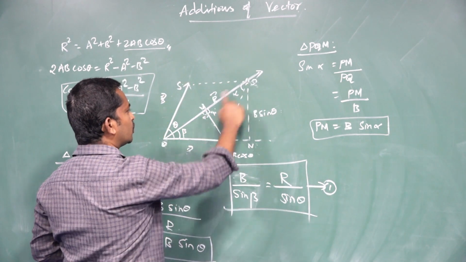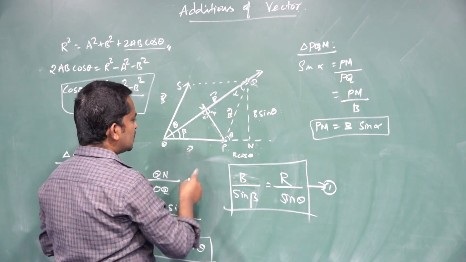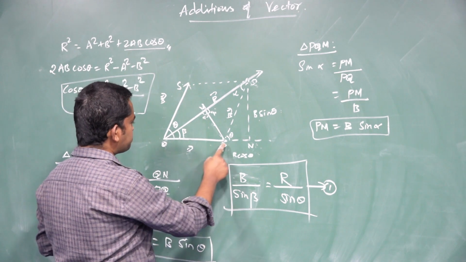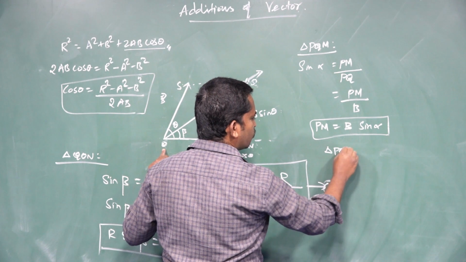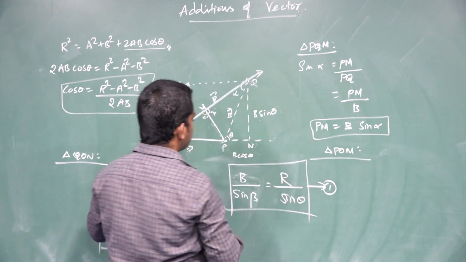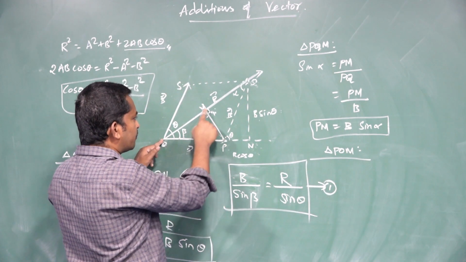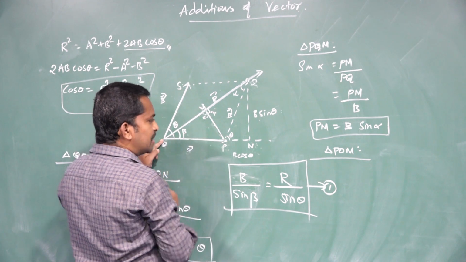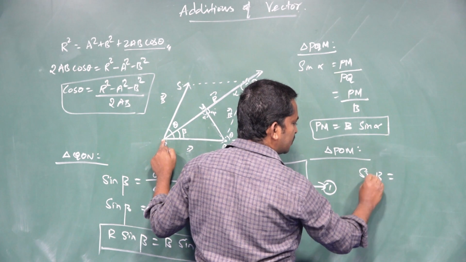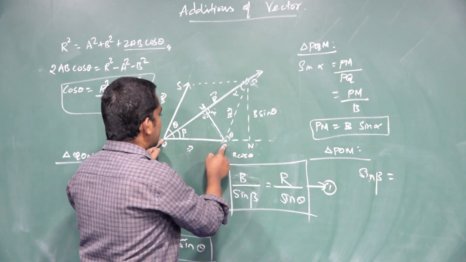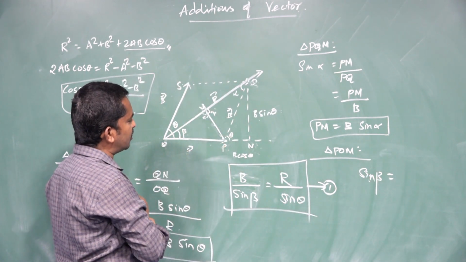And next one is angle POM. In this triangle, sin beta is equal to opposite side divided by hypotenuse.